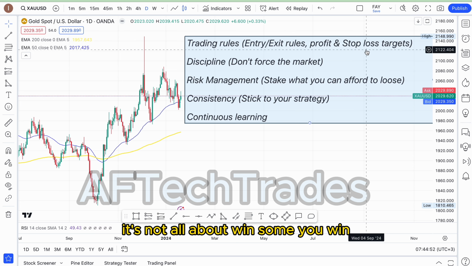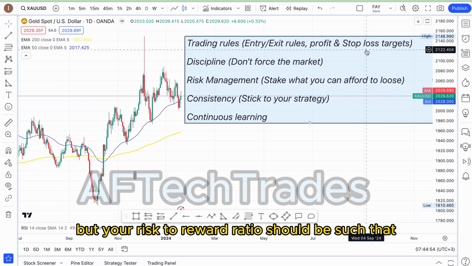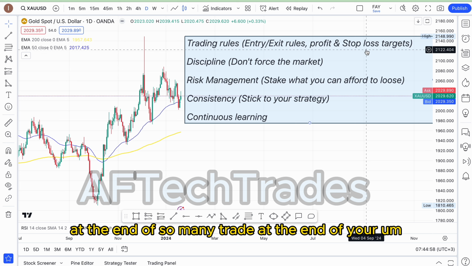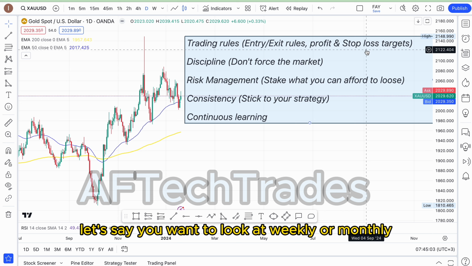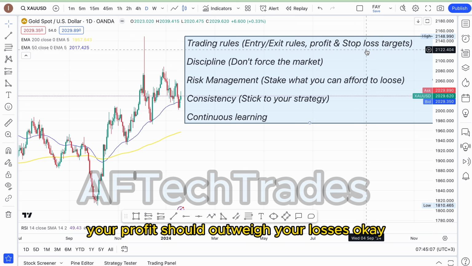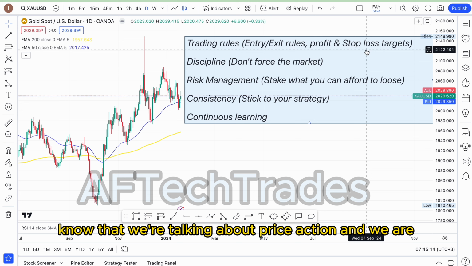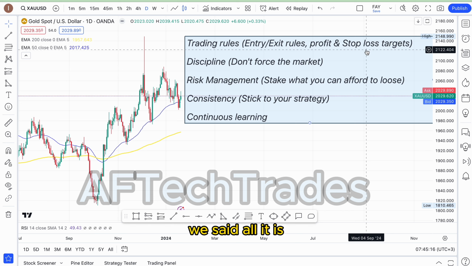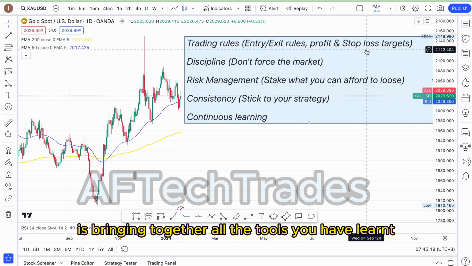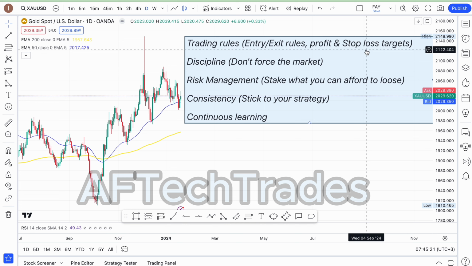Some you win, some you lose, but your risk to reward ratio should be such that at the end of so many trades, at the end of your trading cycle, let's say weekly or monthly, your profit should outweigh your losses. This is the essence of that. And again, know that we're talking about price action, which is bringing together all the tools you have learned and putting them to work for you.